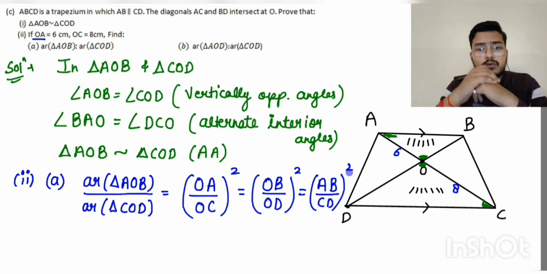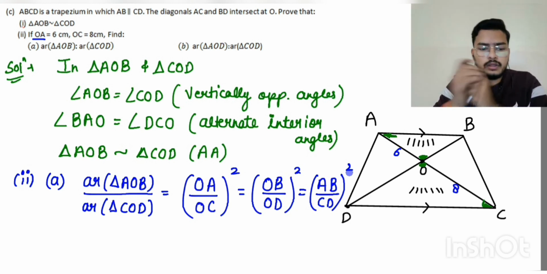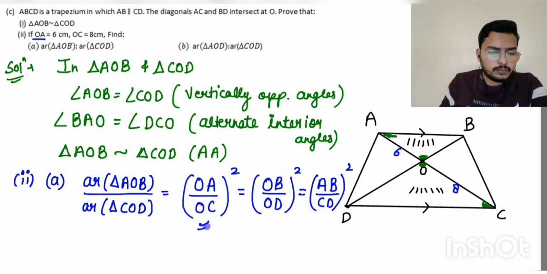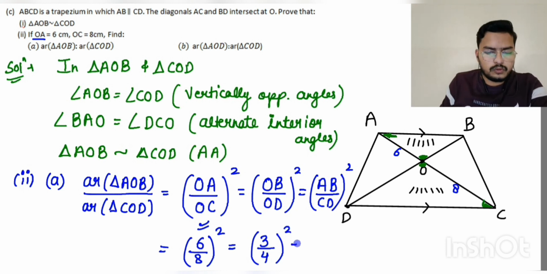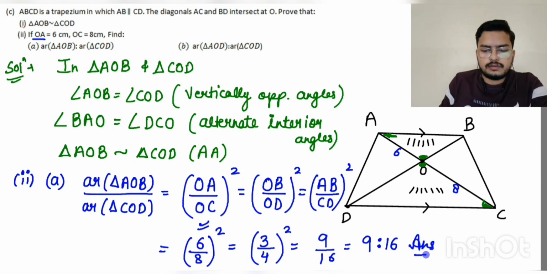But in this particular question, which sides do we already know? We know only OA and OC, so we have to take only this particular ratio. So that is OA, which is 6, and OC is 8, right? So this is 3 by 4 whole squared, that is 9 by 16, or we can say it is 9 ratio 16. So that is our answer, right?